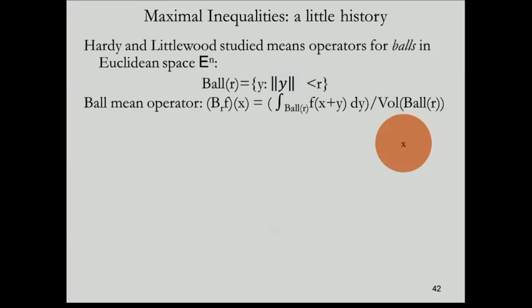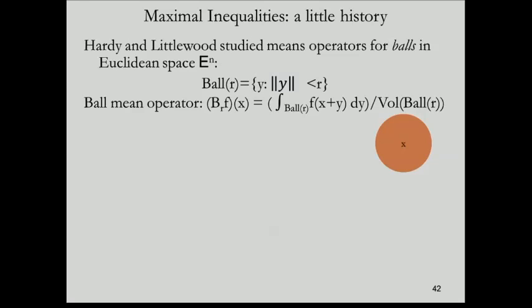Maximal inequalities are not something we came up with, clearly. They have existed since the 20s or maybe even earlier in more continuous spaces, and a lot of people have done tremendous amounts of work on them. It starts, I think, with Hardy and Littlewood, who studied a similar problem in Euclidean space of n dimensions.